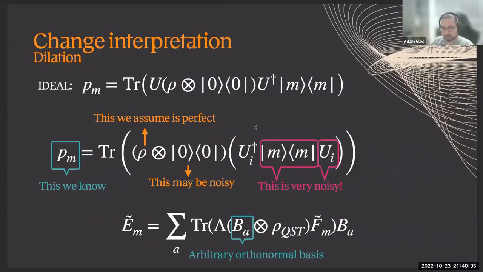Similarly, we can do it for dilation, except here we don't really want to assume that 2-qubit gates are done ideally, because actually 2-qubit gates are quite noisy compared to 1-qubit gates. So what we can do is make tomography on the synod, which will be described by, I can remove the spotlight. We can make tomography on the synods appearing in these unitaries, so that this whole unitary will be replaced with some channel lambda.